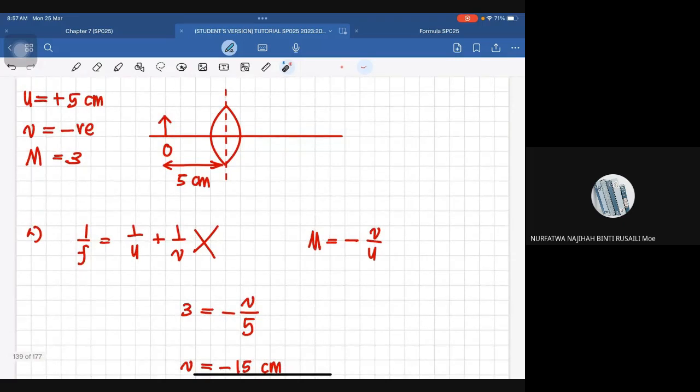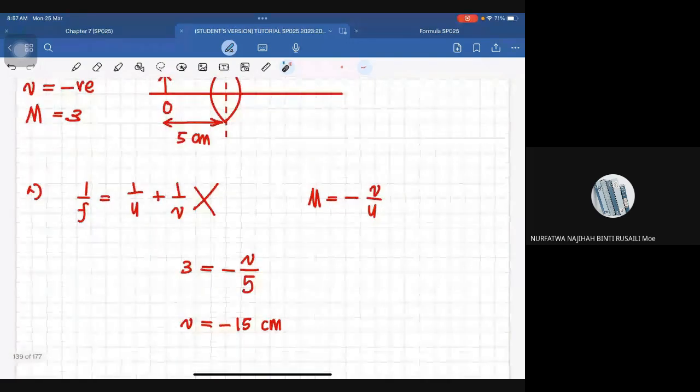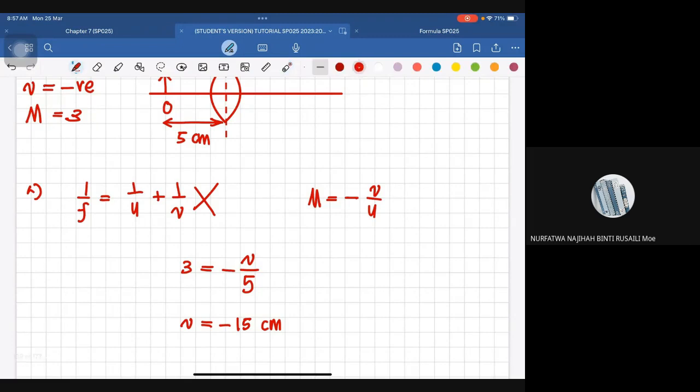Lukisan salah, tapi kalau jawapan tu tidak involve lukisan, jawapan masih boleh kena accept kalau betul lah. Tapi kalau dia suruh lukis, contohnya soalan A cari v, soalan B sketch ray diagram, kamu akan hilang markah bahagian ray diagram lah.